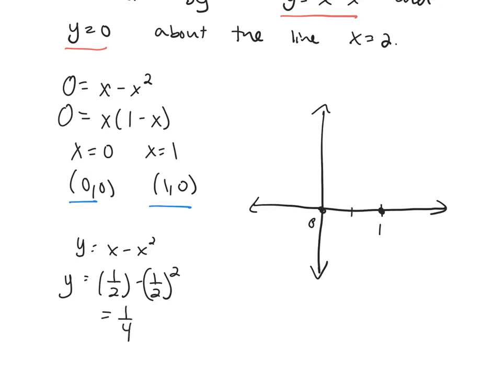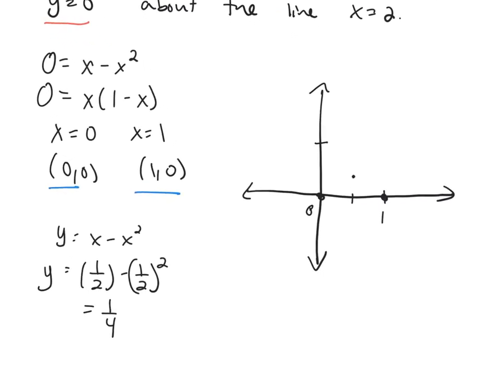So at 1/2, it's 1/4. It's not very tall. Let me make this a little bit larger. So it looks like that. The region I'm interested in is this little mound, this little hill right here.